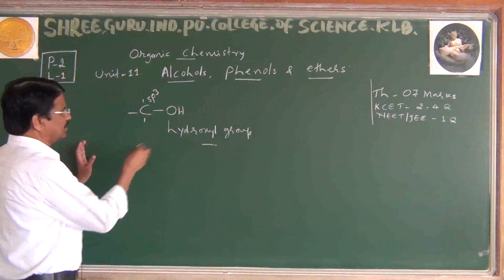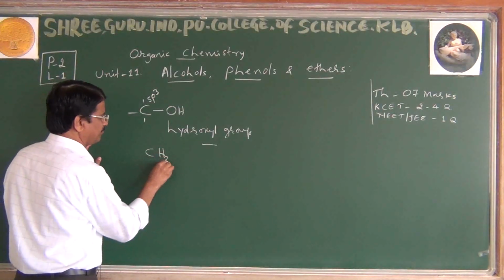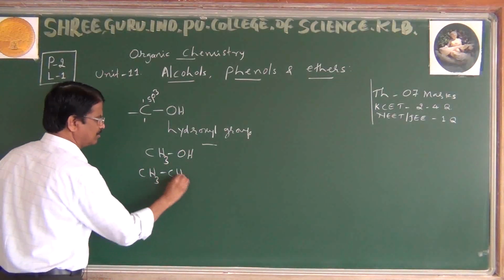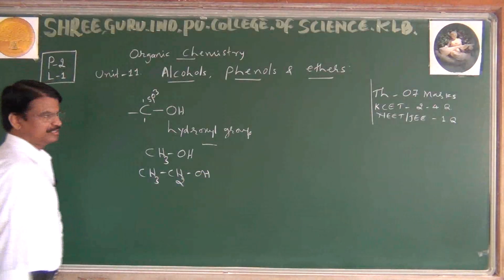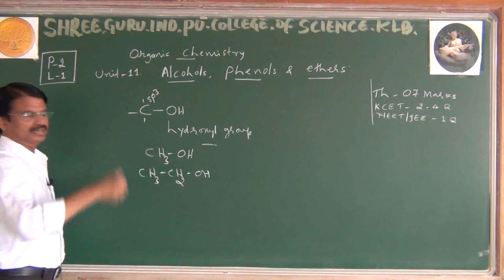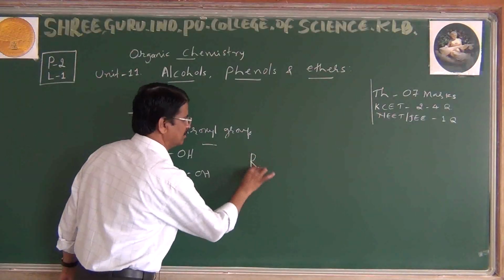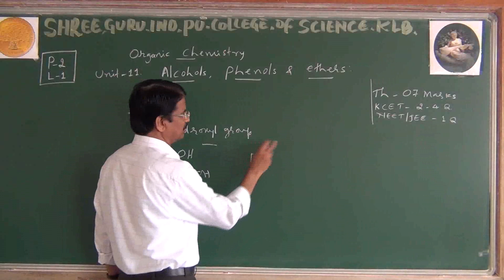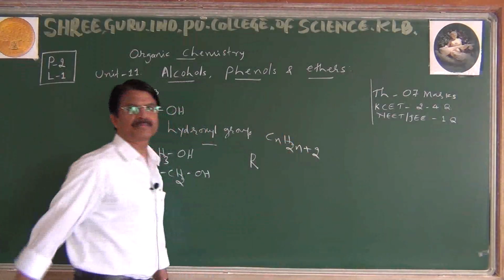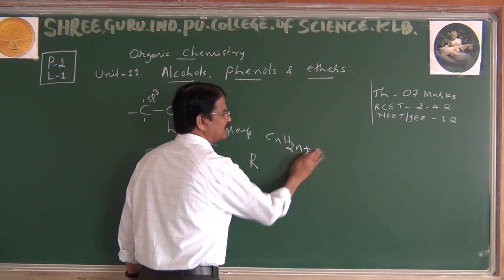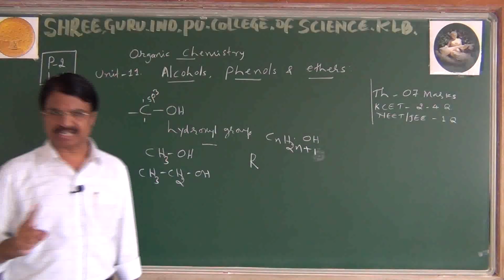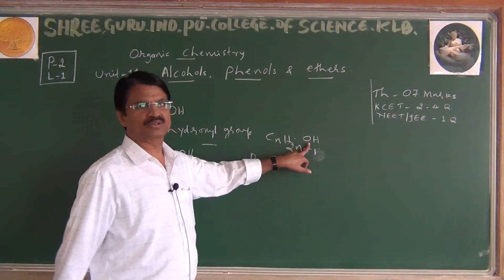In alcohol, see the examples: CH3OH, CH3CH2OH. These alkyl groups are obtained from alkanes, and the alkane general formula is CnH2n+2. But a hydrogen atom of the alkane is replaced by a hydroxyl group.